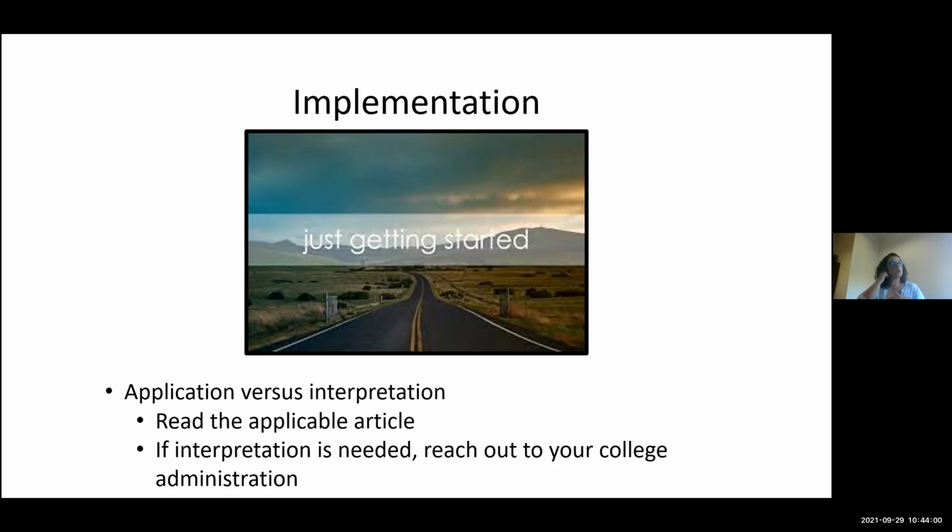One, if you're approached by a union representative for information or potentially for a grievance, reach out to me, or work through your college administrator where they can reach out to me, so we can ensure that what they're asking for is appropriate and we provide it in the appropriate means.